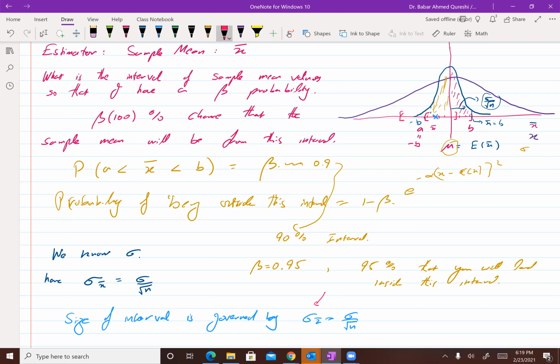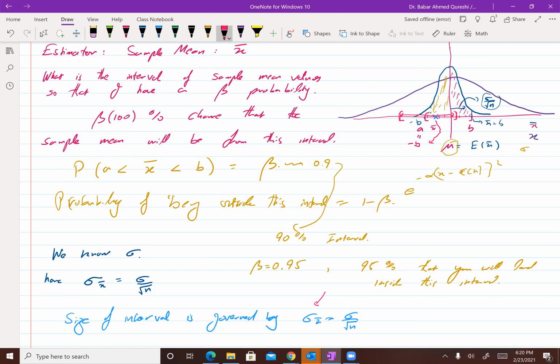So you can see that whatever value I get, I can compute this size, and I will know that with beta probability, whenever I lie within this interval, the true mean lies in the new interval I have created, which is centered around my specific value which I got in a particular sample.